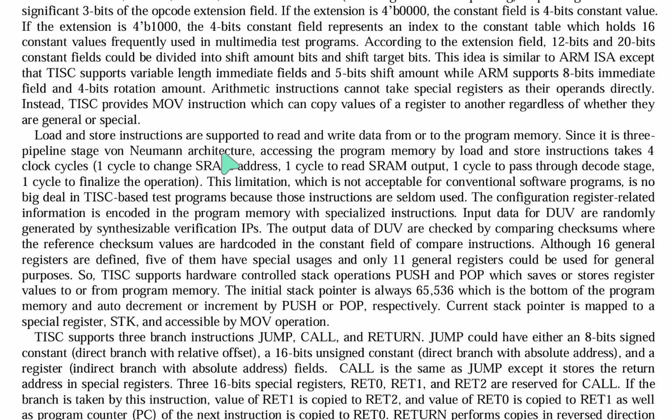Since it is a 3-pipeline-stage von Neumann architecture, accessing the program memory by a load or store instruction takes 4 clock cycles: 1 cycle to change the SRAM address, 1 cycle to read the SRAM output, 1 cycle to pass through the code stage, and 1 cycle to finalize the operation.